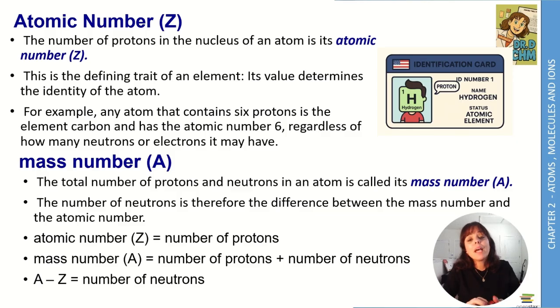The atom also has a mass, and the mass is the mass of the nucleus, so proton plus neutron. You're probably asking why we don't add the electron. We don't add the electron because, as you saw in the previous slide, it has a very small mass.